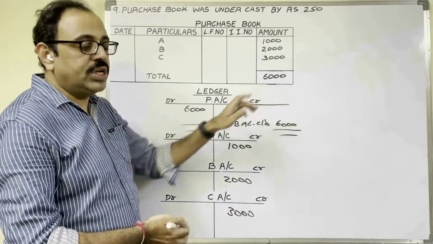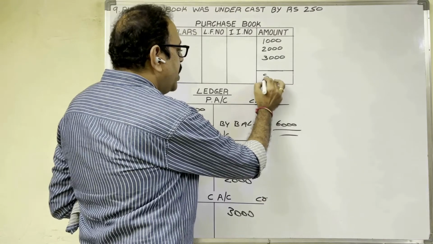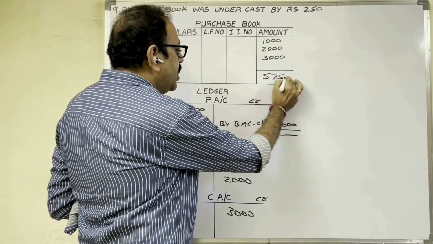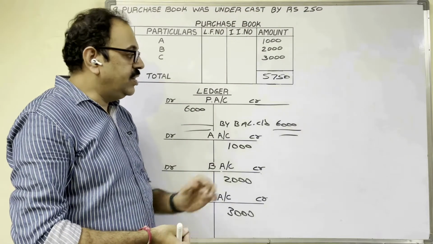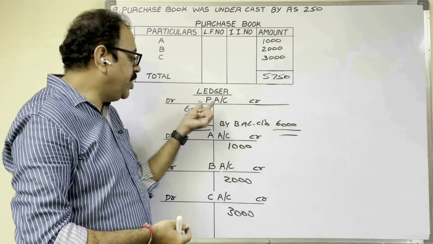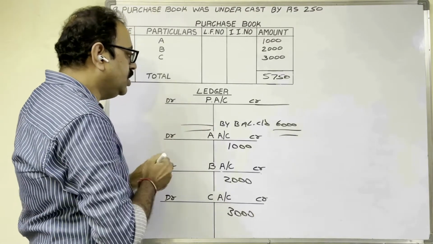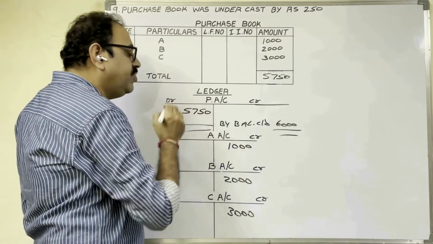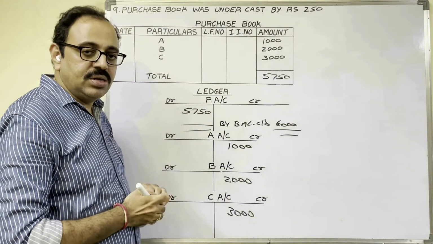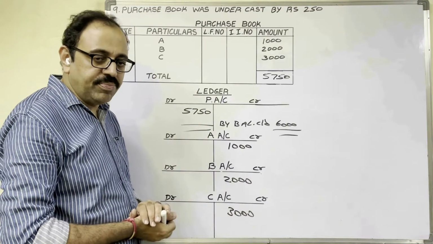Instead of 6,000, accountant wrote 5,750. That is the meaning of this mistake. Then same amount will be debited in purchases account now. Instead of 6,000, accountant debited 5,750. This is a mistake. Individual accounts are correct, so we need not rectify them.